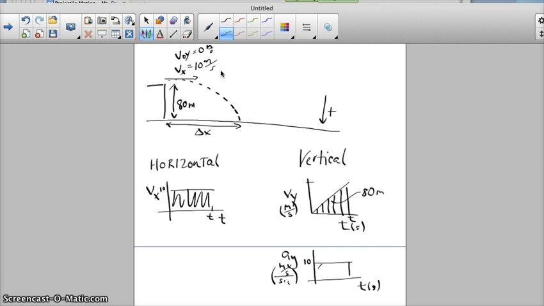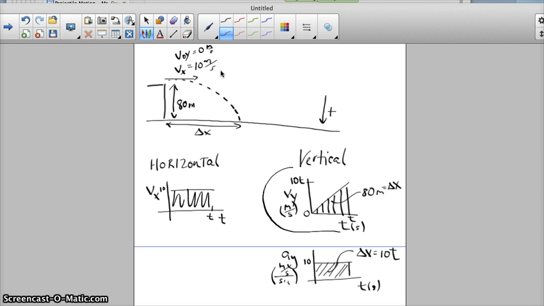Again, I don't know my time, but I do know that my change in velocity is going to be 10 times t, and my 80 meters is my change in position. So the height of this triangle is essentially going to be 10 times t, meaning I start with 0 velocity and my velocity changes by 10t, so my final velocity should be 10t.